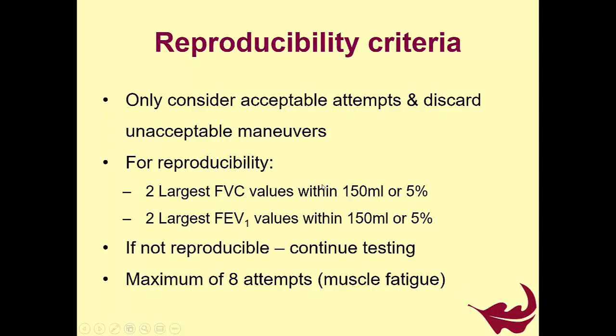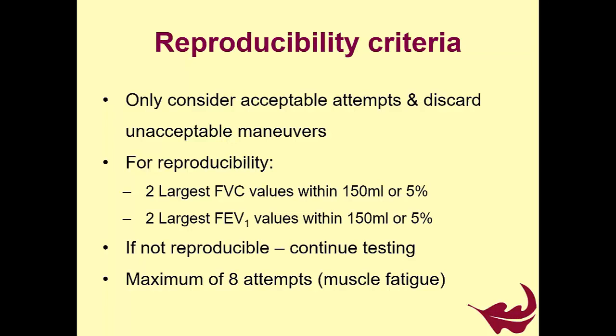Just again, when we look at reproducibility, I get this question a lot, and colleagues say, I just need to find 2 that are reproducible. It is quite clear in the guidelines, it is the 2 largest values. You don't just look for 2 that look similar. You have to look at the largest and the second largest value, and those 2 may not differ by more than 150 mil or 5%.